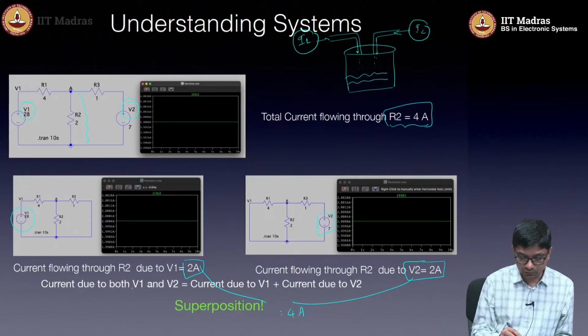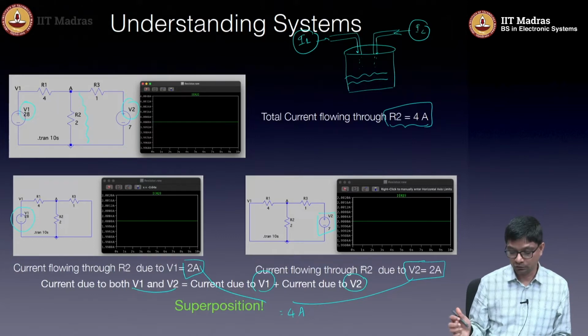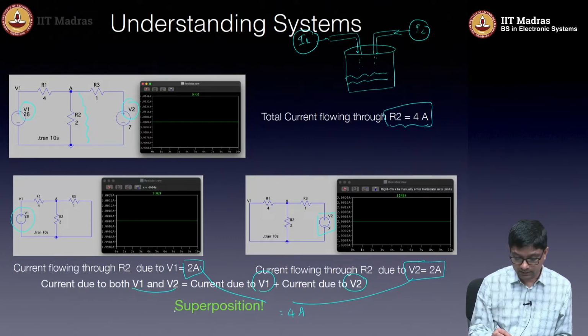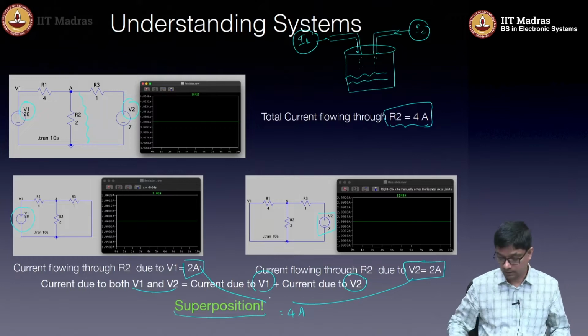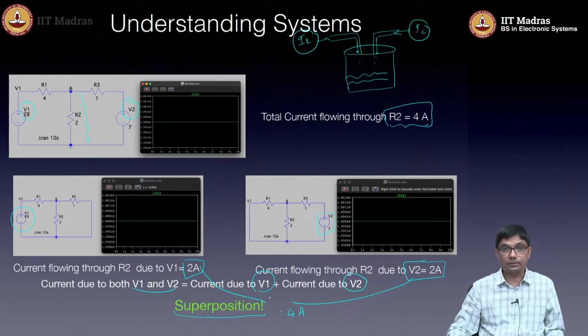So the current due to both sources V1 and V2 is equal to the current only due to V1 plus the current only due to V2, and this is called the property or the principle of superposition.